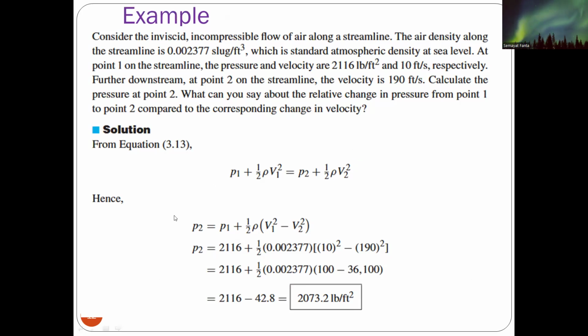Rearranging this, we finally get P2 is equal to P1 plus half rho times V1 square minus V2 square. On the same elevation, the density is also the same. So directly substituting the values, we get the pressure at point 2 as 2073.2 pound per feet square.